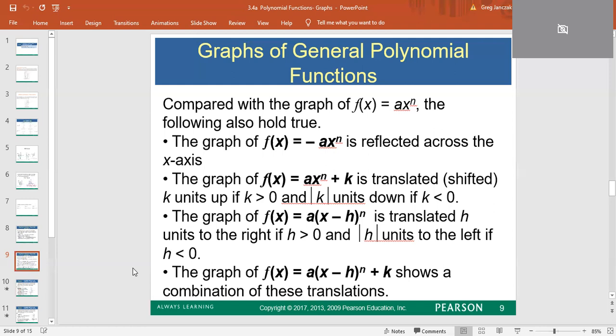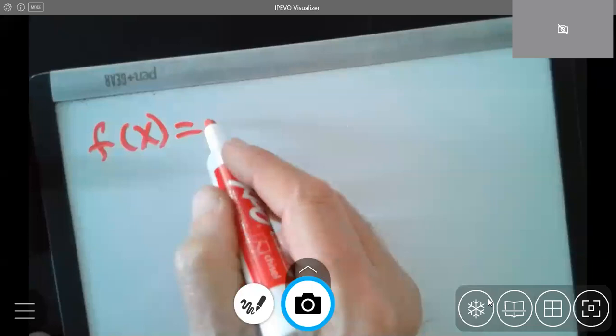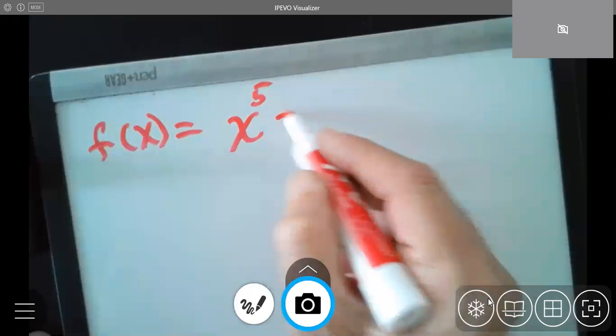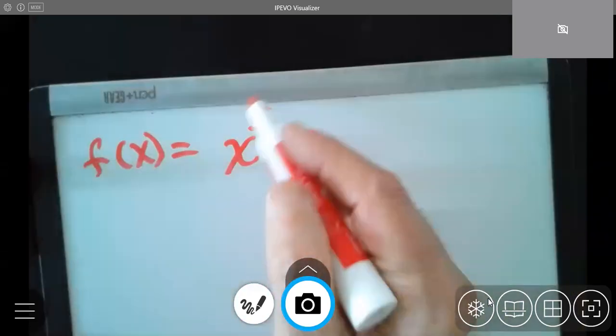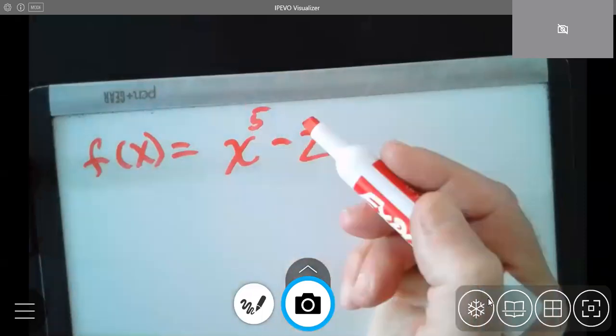So your next slide that you have, let's go back to the board. Your next slide is f of x equals 2x to the 5th minus 2. So you look to see if it's even or odd. If it's even, it behaves like x squared.